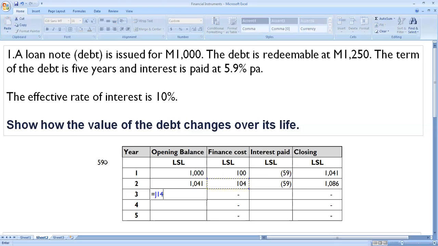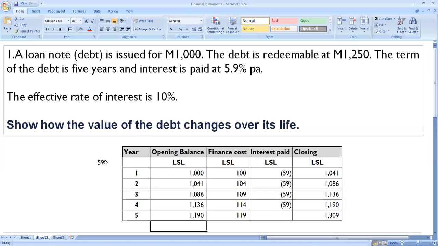Opening for year 3 should be closing for year 2, then we still have our 59. Opening year 4, closing year 3, then we still have our 59. Opening year 5 is the closing for year 4.